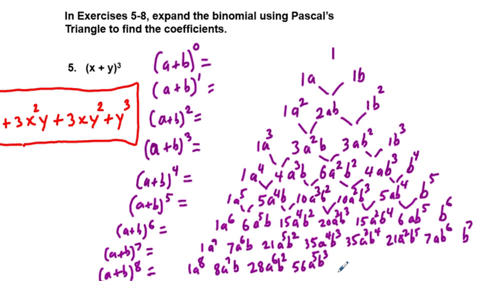And 35 plus 35 is going to be 70 A to the fourth B to the fourth.